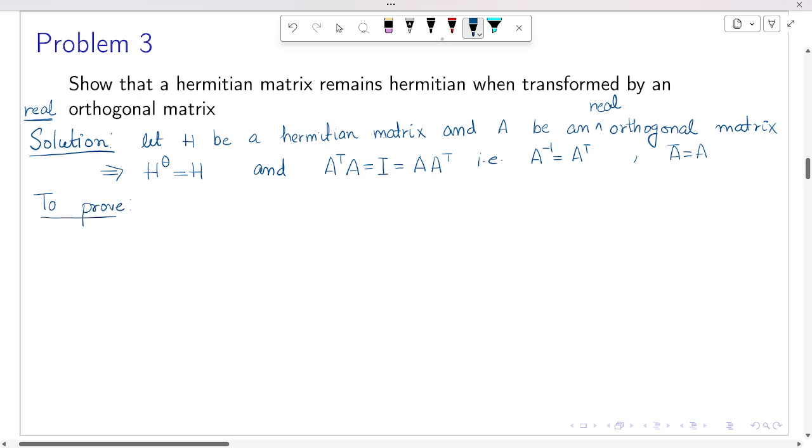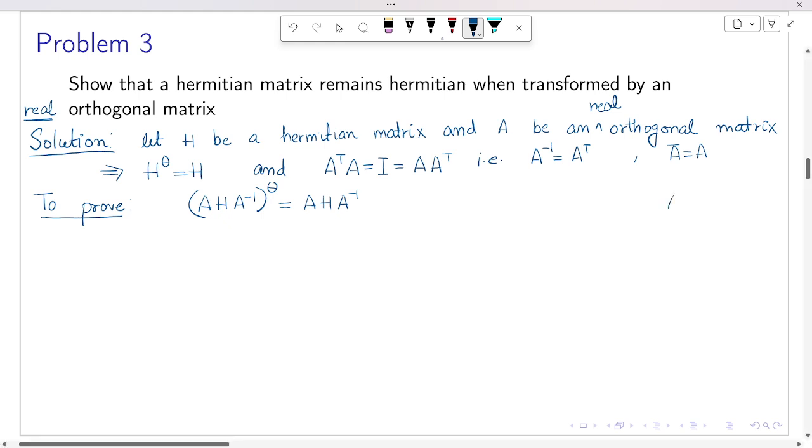To prove that the transform of H by A, that is A H A inverse, is Hermitian. That is, we need to prove that the conjugate of A H A inverse is equal to A H A inverse. Okay, let us start.